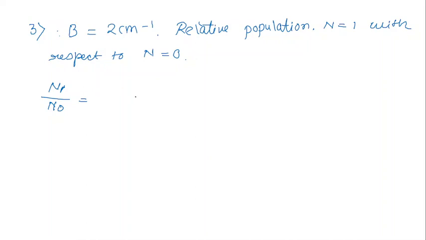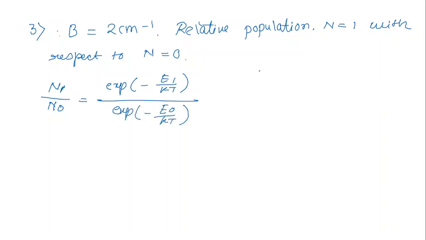You please go through the lectures, then you can easily understand what we are explaining here. E1 by kT minus E0 by kT. First, for rotational spectroscopy, what is the value of energy that we have to know first.